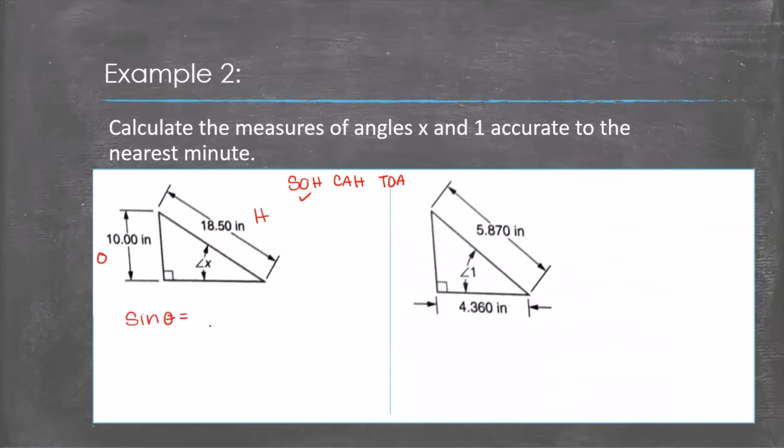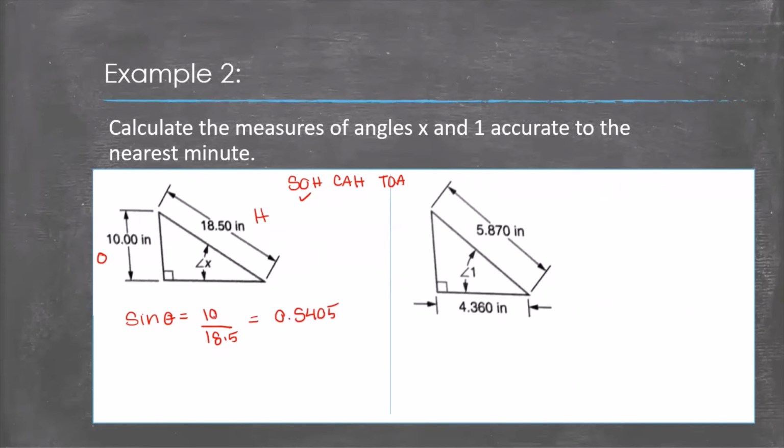So the sine of our angle, I've written theta in this particular occasion, is equal to opposite, so 10 divided by 18.5, which gives us a ratio that is equal to 0.5405.